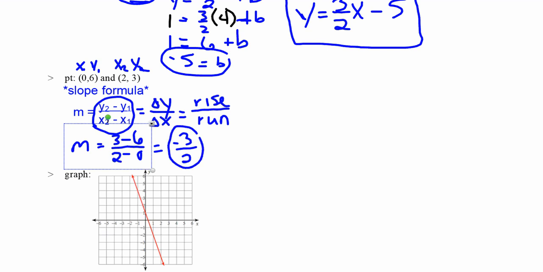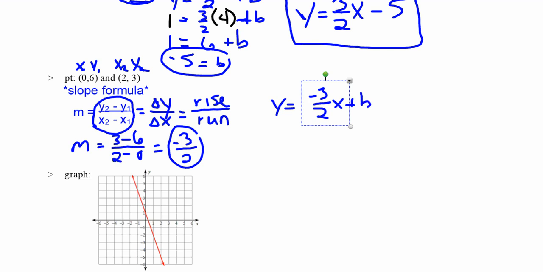Now we're back to the situation we had in that last problem where I have the slope and I have points. I can choose either one to plug in and find my b value. So now I've got y equals negative 3 halves x plus b. And I'm going to choose the point (0, 6). Plugging in 0 is always nice, so I like to choose it when I can.